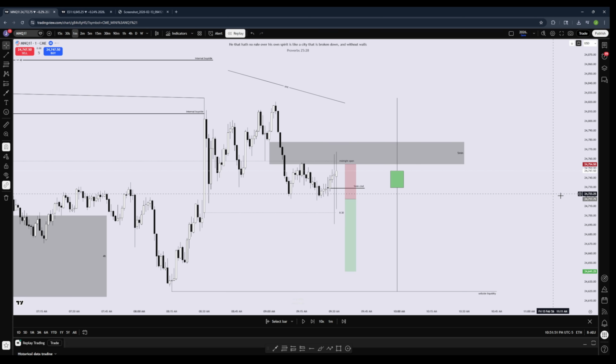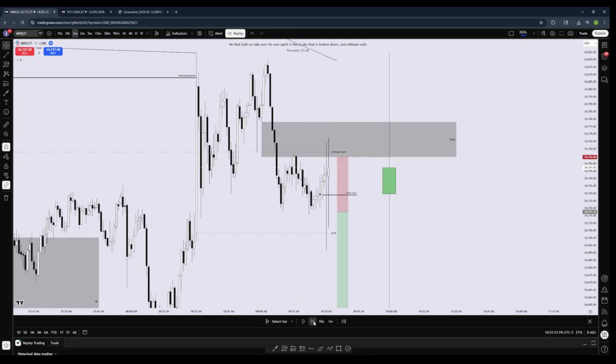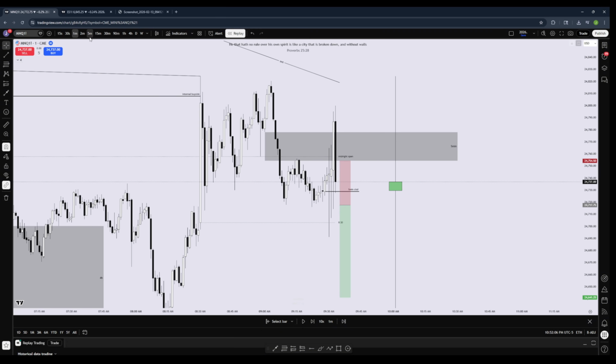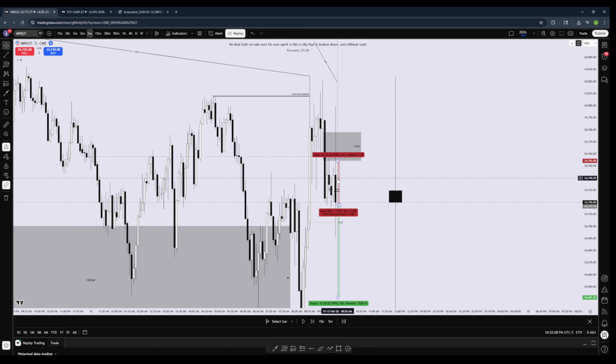If you look on the 1 minute, this is where it almost faked me out, because it inverts this old 1 minute here, another one, but there's an SMT holding this. If you look on the 5 minute, the 5 minute actually closes outside the 5 minute FVG, which is a good sign.